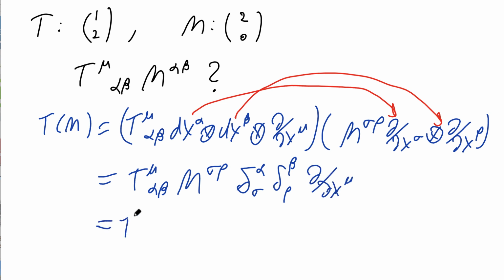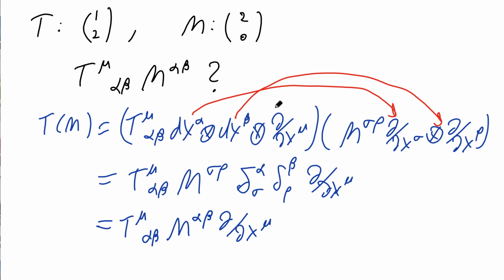This is equal to T^μ_{αβ} times M. Now in the sum over σ, the only term that survives is when σ is equal to α, and in the sum over ρ, the only term that survives is the one in which ρ is equal to β, times ∂/∂x^μ. So we see that this is just the components of this vector obtained by combining T and M.